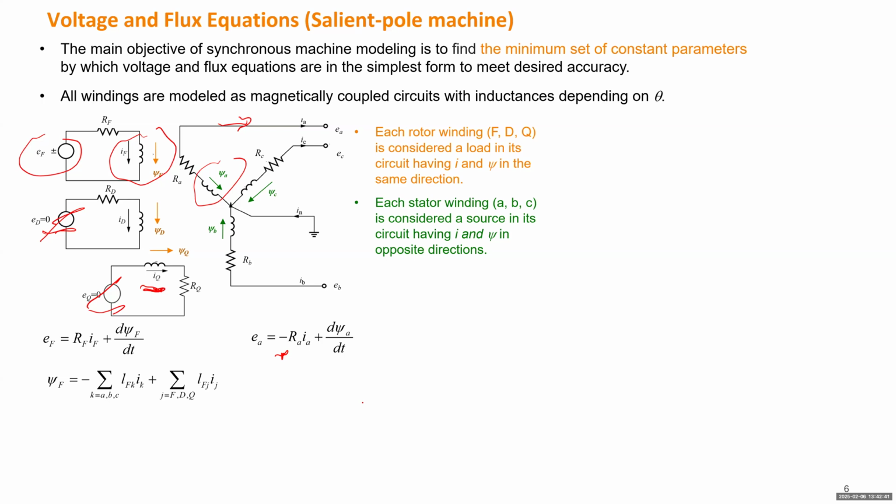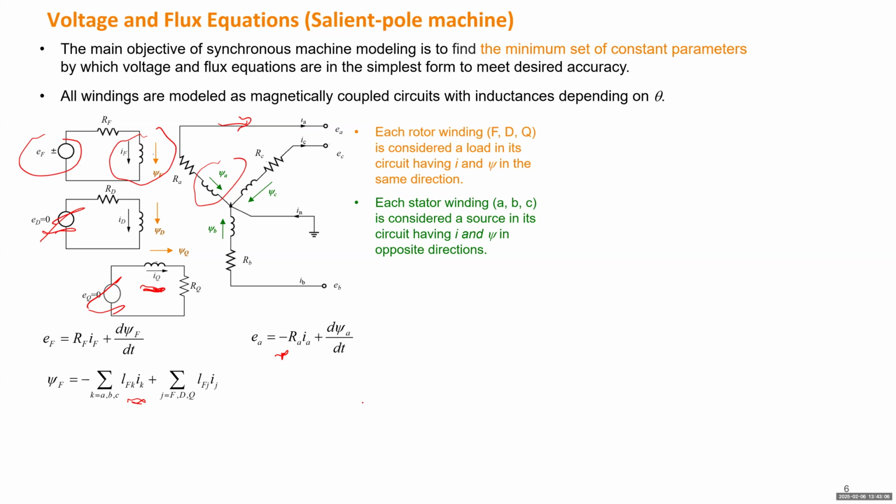For the flux linkage in winding F, that is contributed by all currents. Each current is just a linear combination of many atoms, right? Each atom will be one current multiplied by a mutual inductance.